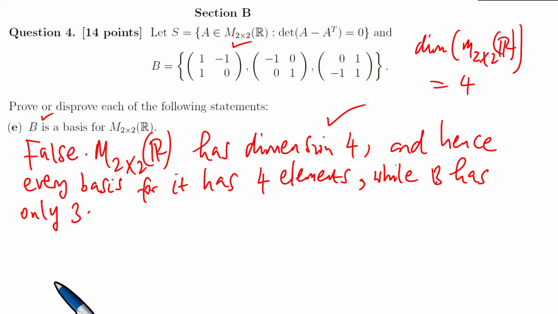If we had 4 elements, we would have to prove that the set with 4 elements is linearly independent. Then it would mean that it's a basis.